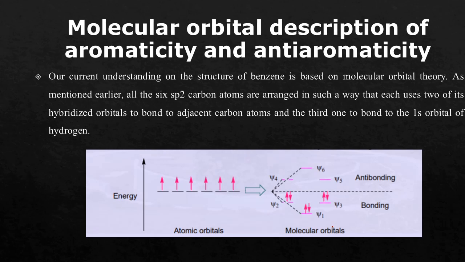Now one needs to understand the molecular orbital description of aromaticity and anti-aromaticity. Our current understanding of the structure of benzene is based on molecular orbital theory. As mentioned earlier, all the 6 sp2 carbon atoms are arranged in such a way that each uses 2 of its hybridized orbitals to bond to adjacent carbon atoms, and the third one to bond to the 1s orbital of hydrogen.